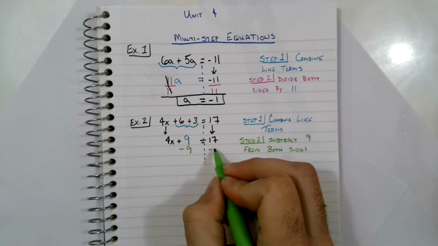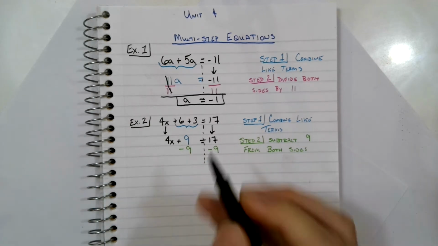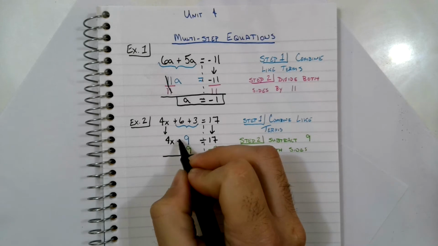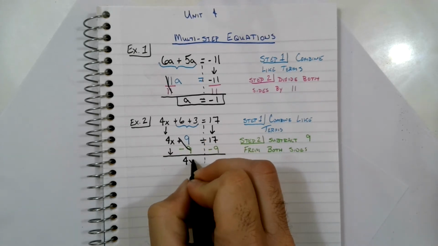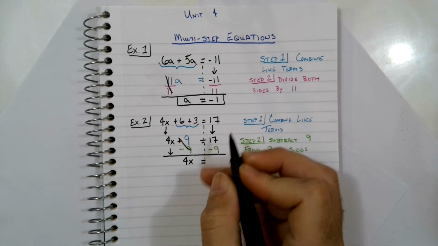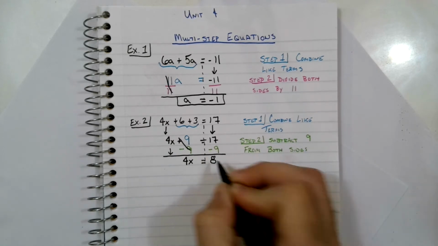What I do to one side, I have to do to the other. These cancel. Bring down what's left, 4x equals, and 17 minus 9 gives us 8.